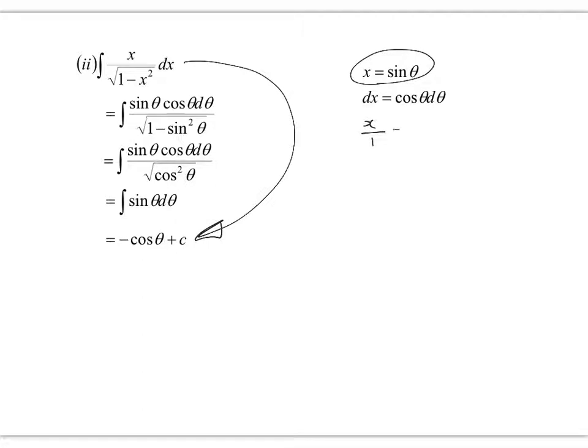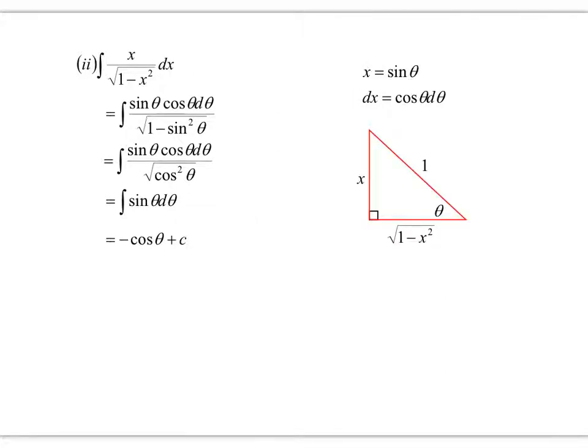X over 1 is equal to sine theta, and x is your opposite. 1 is your hypotenuse. Draw up a right angle triangle, find out your adjacent by using Pythagoras, and then we want cos theta, and cos theta is adjacent over hypotenuse. And don't forget the minus.